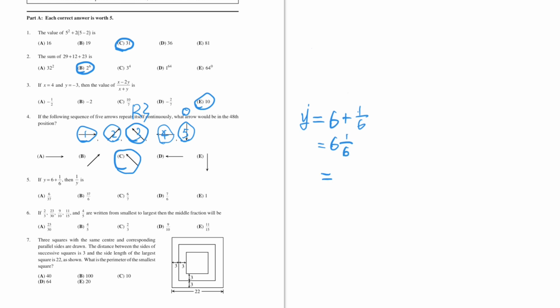Write it as an improper fraction: 6 times 6 plus 1, that's how we write mixed to improper. So that's 37 over 6. The reciprocal of y, 1 over y, just flip the numerator and the denominator. That's 6 over 37. Therefore, the answer is A.